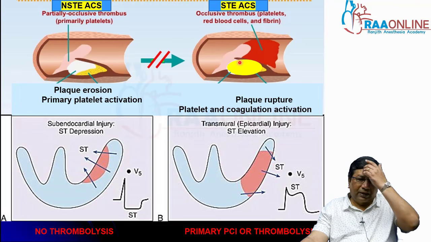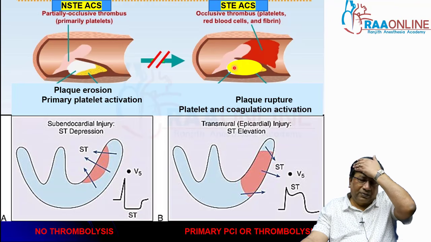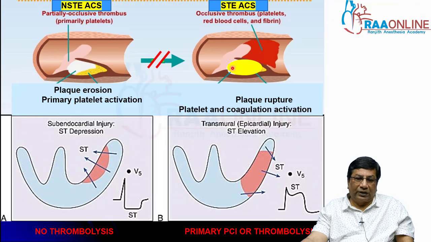Whereas whenever the plaque ruptures, it will expose the lipid core to the circulation. Because the lipid core is exposed to the circulation, not only the platelets get activated, but also the coagulation system gets activated. Because the platelet and coagulation systems get activated, you have a huge thrombus burden when the plaque ruptures, which totally occludes the coronary artery.